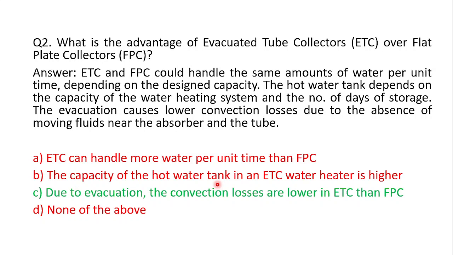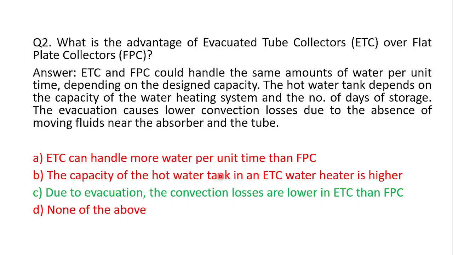If you live in an area where the sun does not shine as much, where it's always cloudy, and you need storage for like 3 days, then you can design your tank accordingly. You can design your plate or your tube collector accordingly. So that depends solely on the output you require.